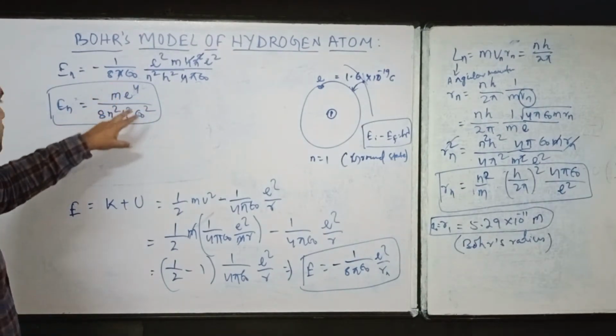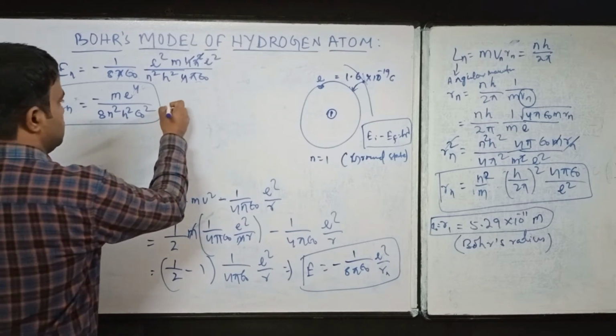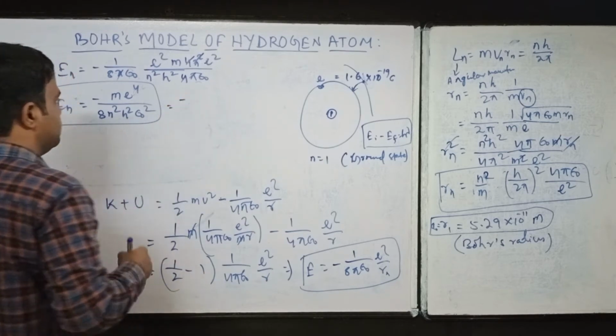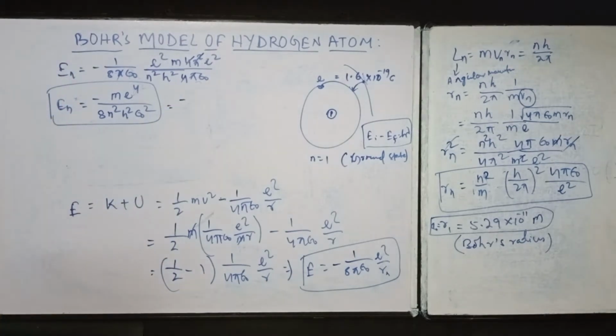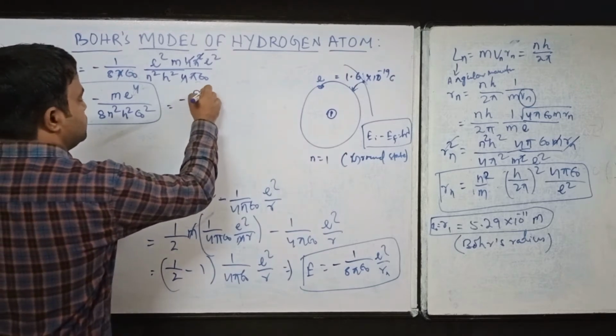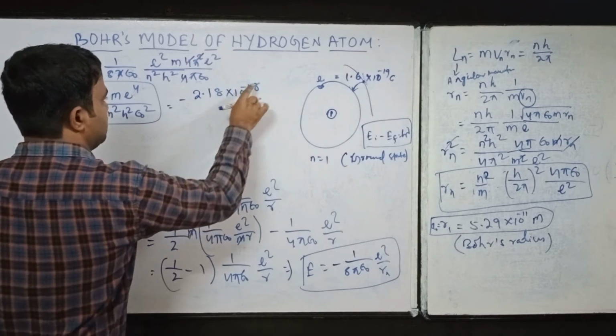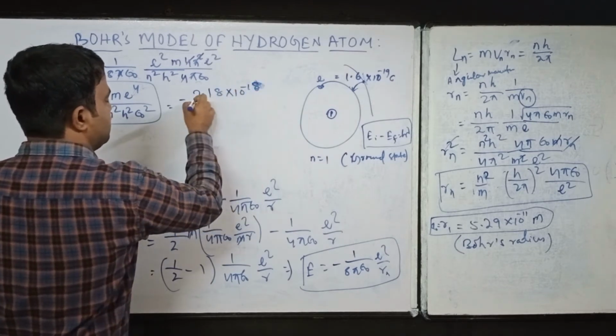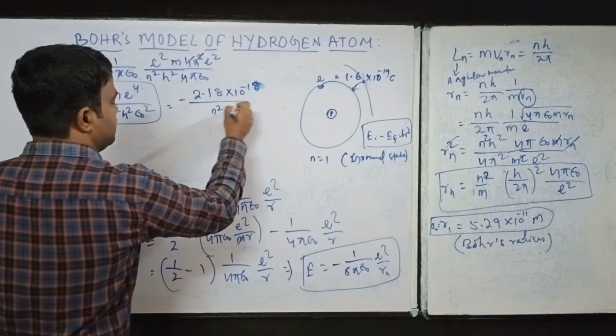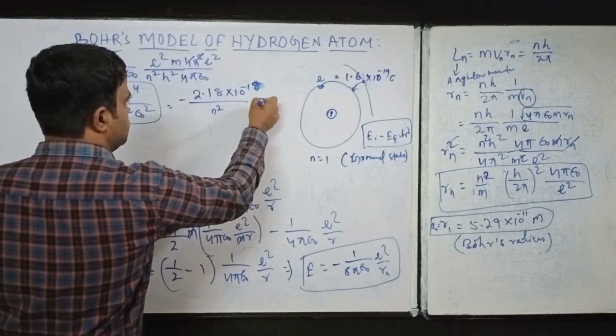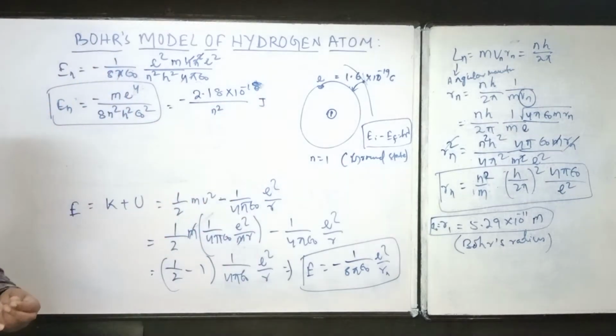So if we put all the values, it should come up as, the calculation I have done, you can do it as a homework, it will come up as minus 2.18 into 10 to the power minus 18 by n square, in joules.